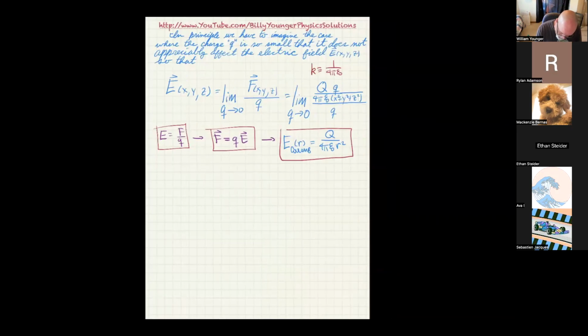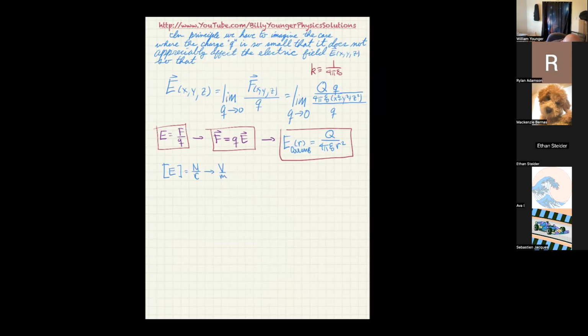I want to go ahead and let you know that the actual units of the electric field is equal to newtons per coulomb. But ultimately, we're also going to find it's going to be volts per meter.